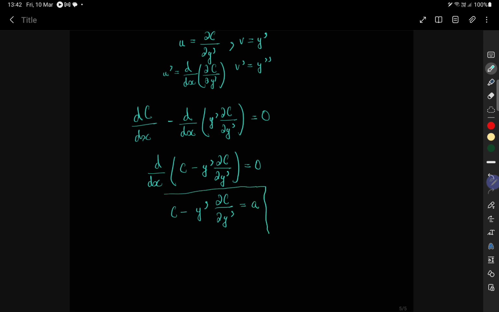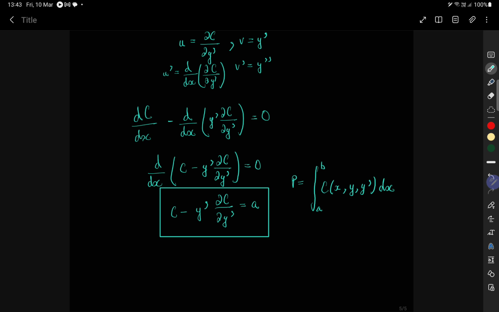This is the Beltrami identity, which can be used to minimize any quantity of the form the integral from any constants a to b of some function of x, y, and y prime, integrated in terms of x, such that partial c by partial x is 0. This can minimize p.